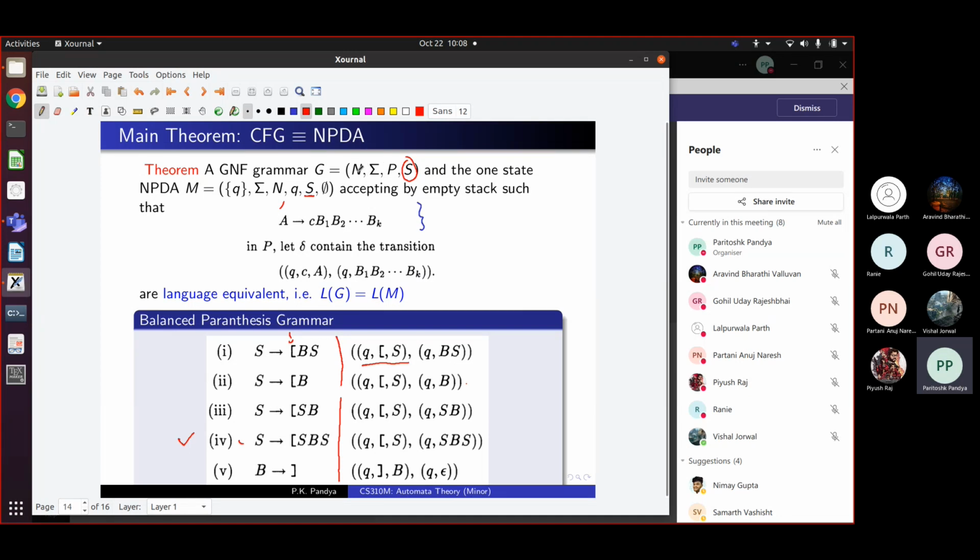And if S is my bottom of stack symbol, I will make that the start symbol of the grammar. So whatever is the bottom of stack symbol in my NPDA, now I am going from NPDA to grammar. So I am going from M to G.